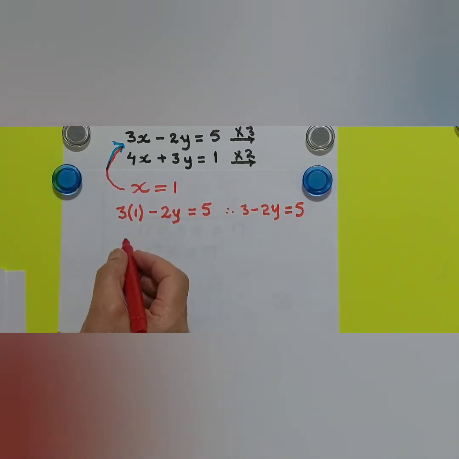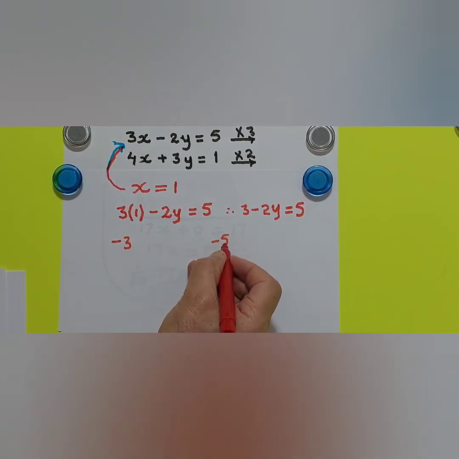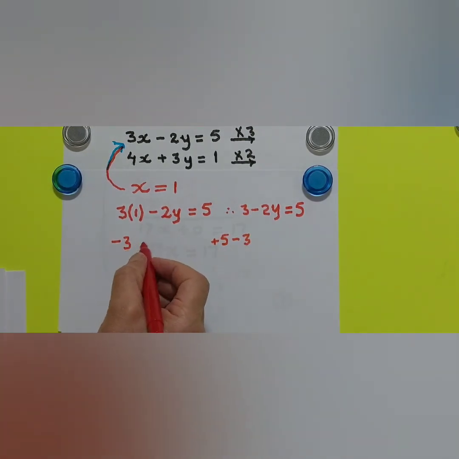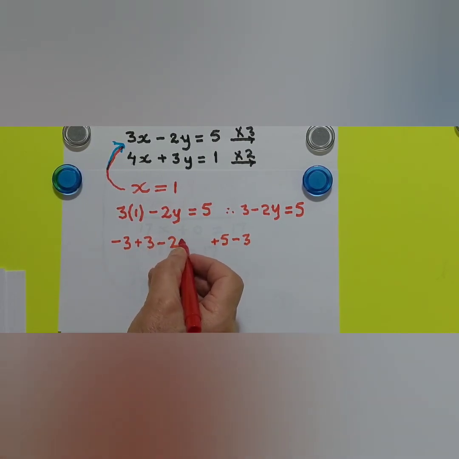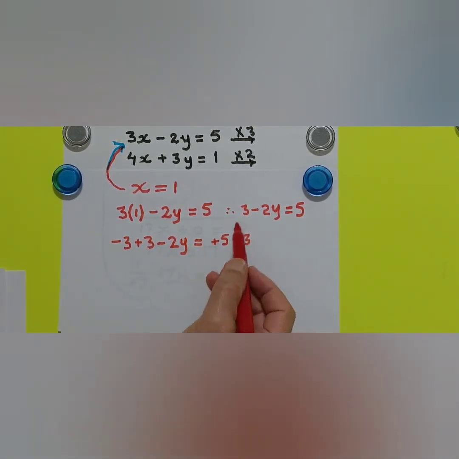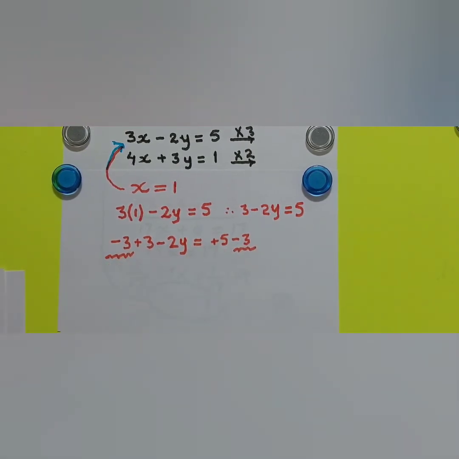We'll do it here. First step, adding negative 3 to both sides of the equation. So we just write here 3 minus 2y is equal to 5, and we added minus 3 here and minus 3 here to both sides of the equation.